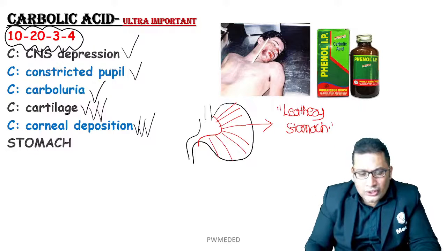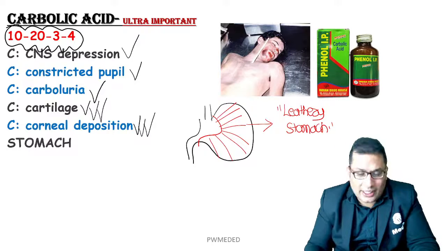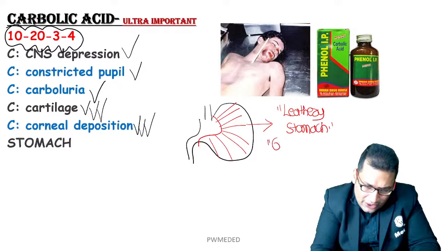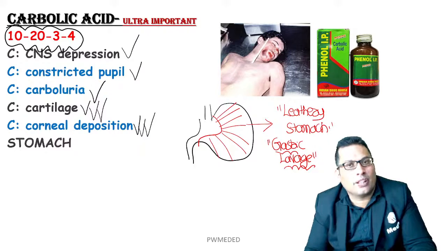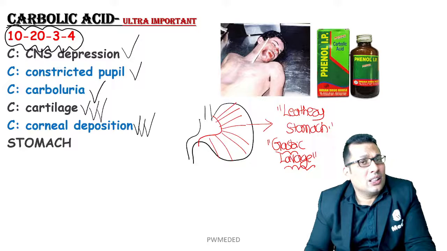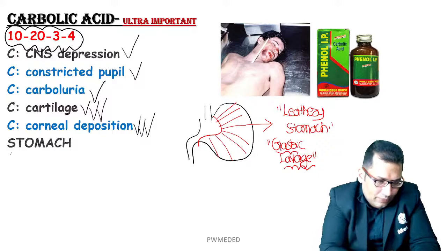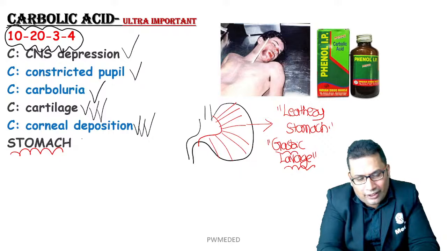One more MCQ: gastric lavage can be done in case of carbolic acid poisoning because of the hardening of the stomach. Very, very important.